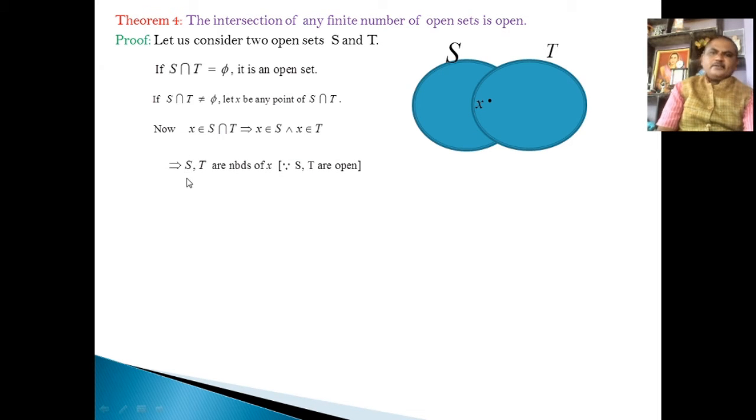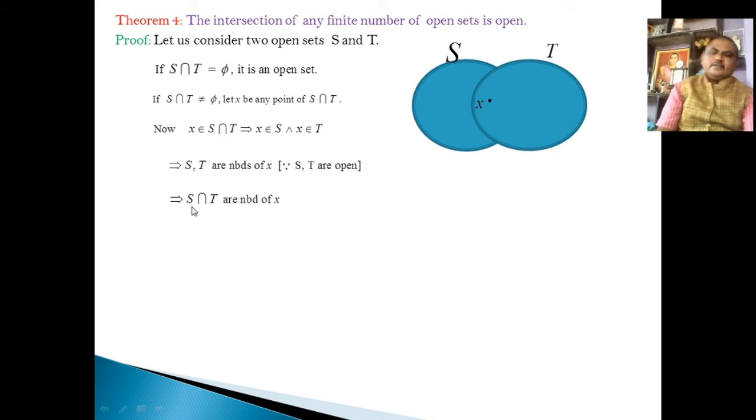This implies S and T are neighborhoods of x, because S and T are open sets, meaning S and T are neighborhoods of the point x.